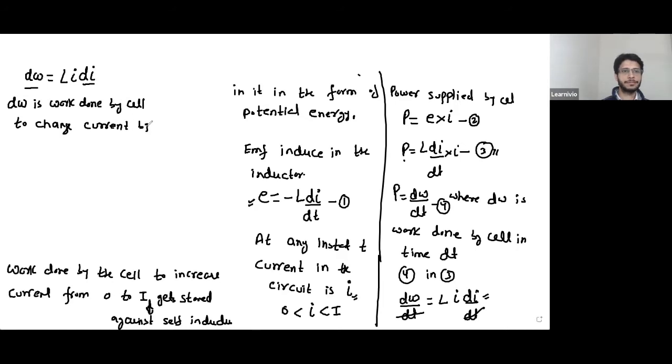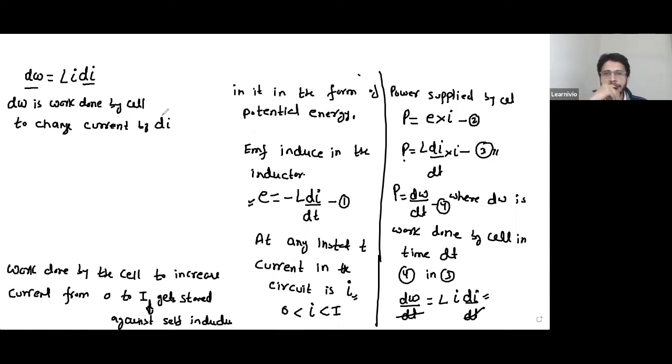Okay, tell me, if the current is not changing, if the current is constant, then what would be the work done by the cell? If I'm saying the current through the inductor is constant, a fixed current is passing through the inductor. Very good, Jubaina. Fatma, your answer? If a constant current is flowing through the cell, then what would be the work done by the cell?